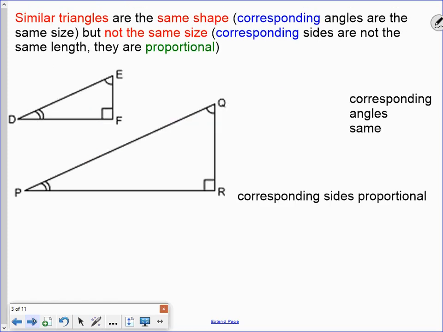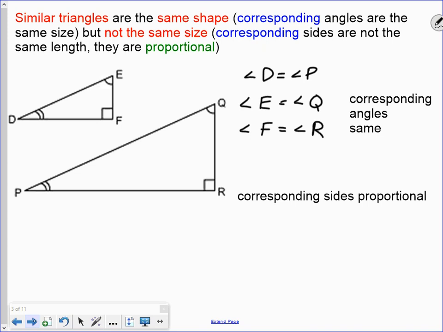So here's an example of two similar triangles. They are the same shape, which means that corresponding angles are the same size. So when we look at these two triangles here, we can see that angle D is equal to angle P. We can see that angle E is equal to angle Q. And we can see that angle F is equal to angle R. They're both right angles.